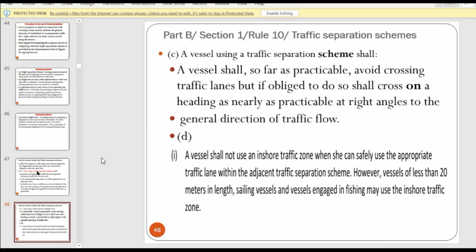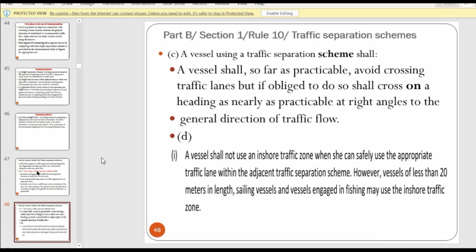Then it says a vessel using a traffic separation scheme shall, so far as practicable, avoid crossing traffic lanes.